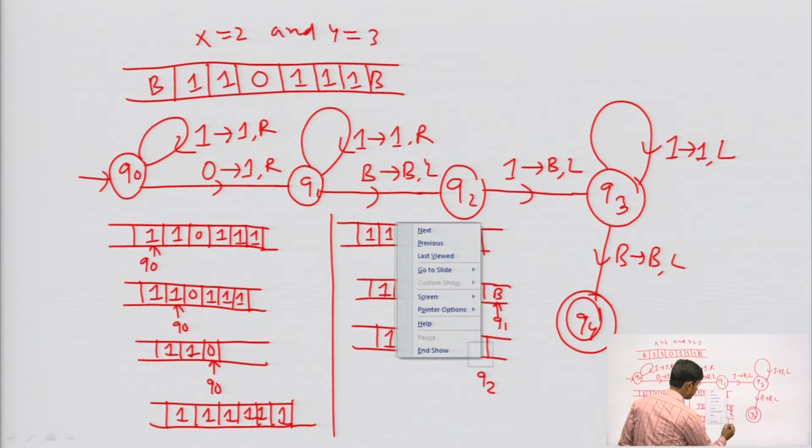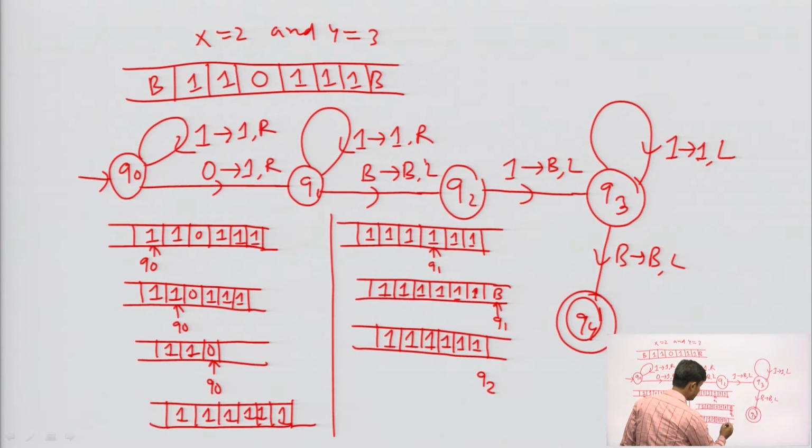Now check: when Q2 reads 1, the 1 will be replaced by blank and you go to Q3.